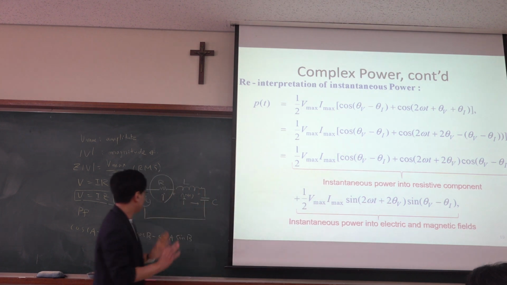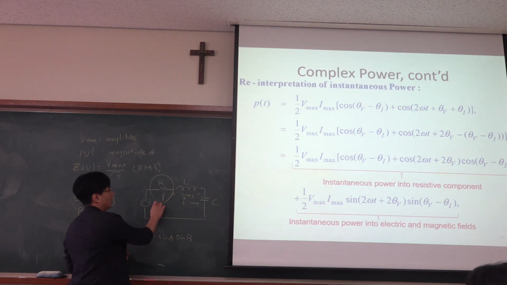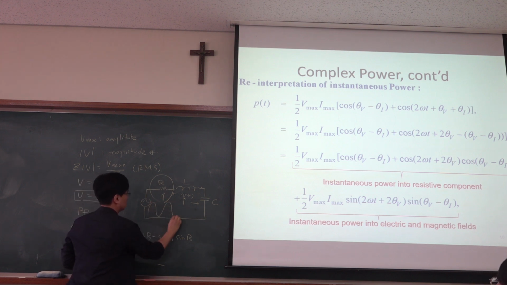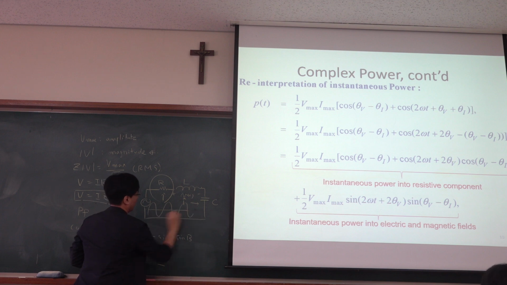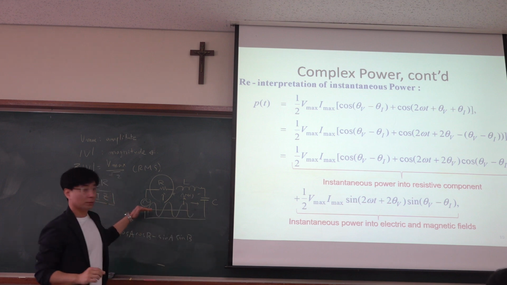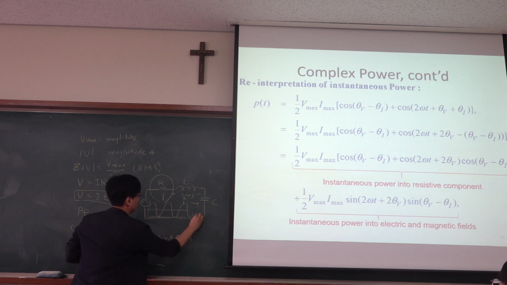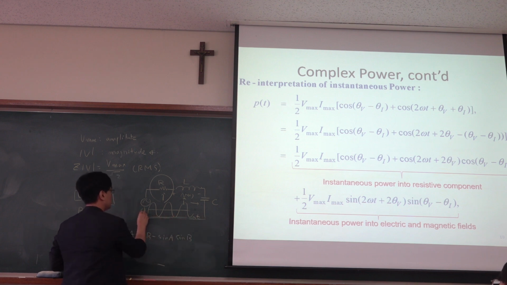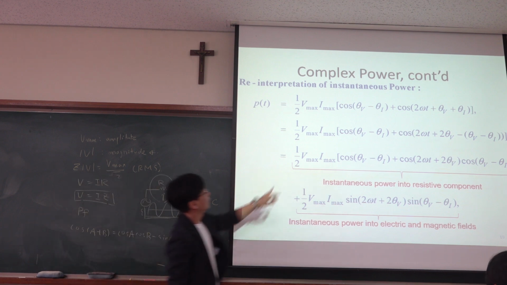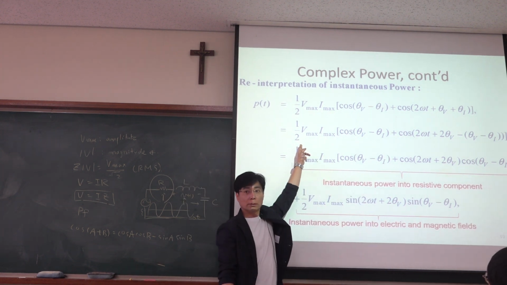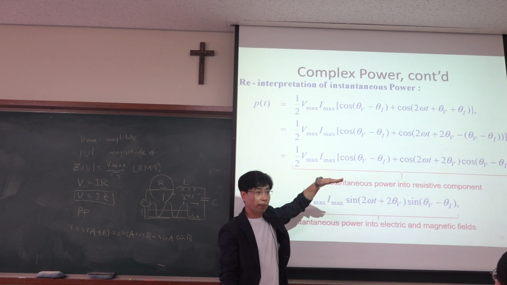So what I want to tell you is, the instantaneous power here changes over time like this, and it has an average, and this is t, and this part is this much, right? That's the constant term.